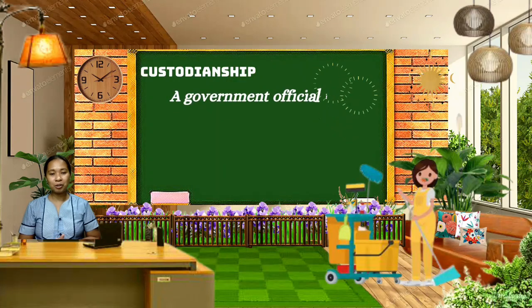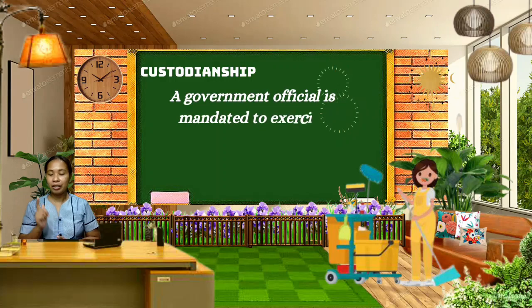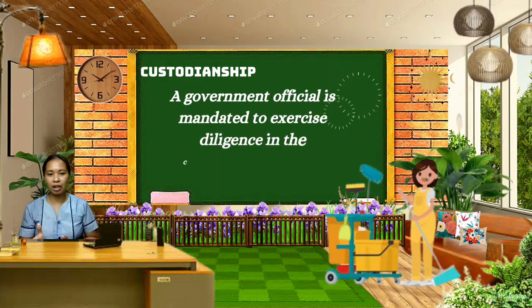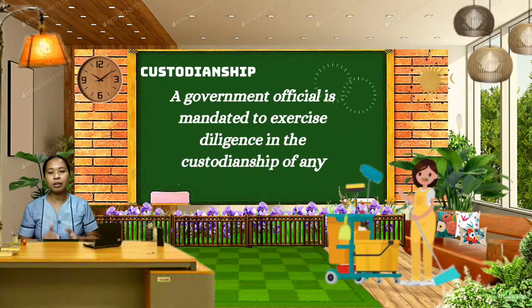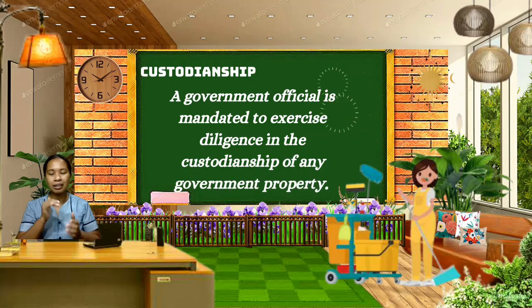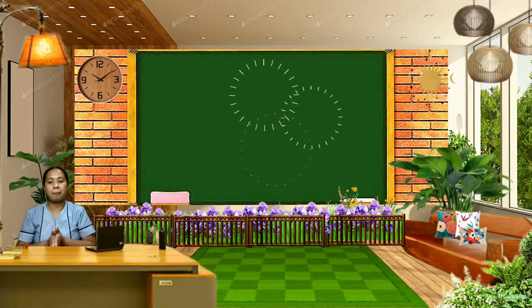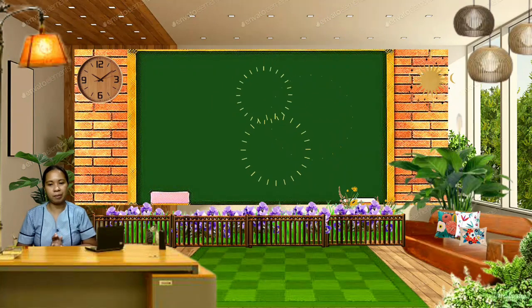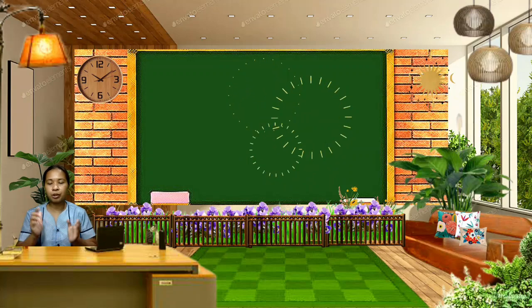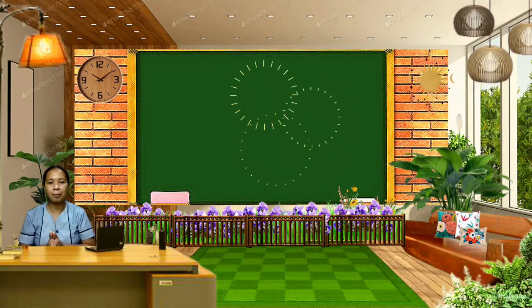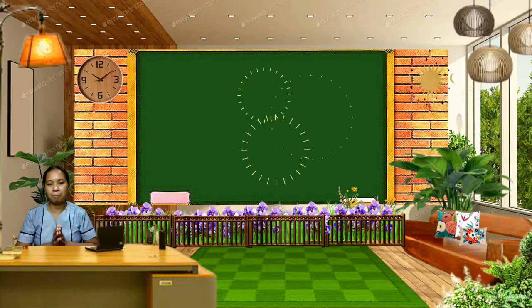Okay, what is custodianship? It is a government official that is mandated to exercise diligence in the custodianship of any government property. For example, the government property is our school. So, what is property custodianship? It refers to the guardianship of government property by the accountable person.